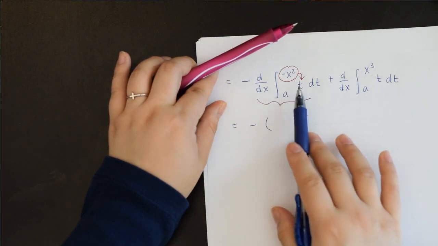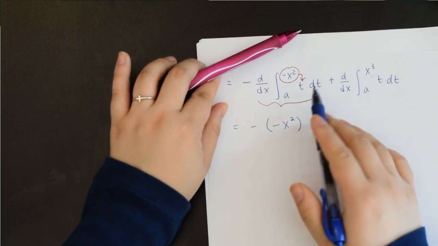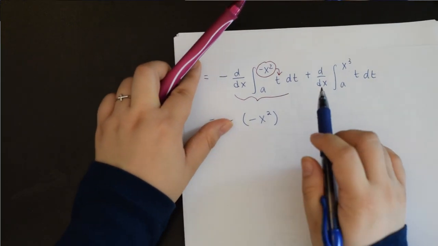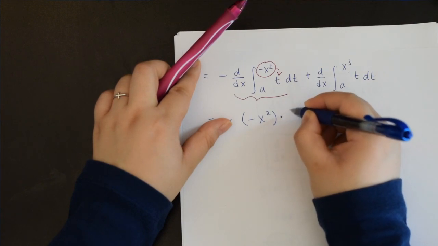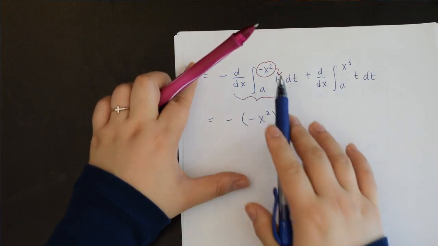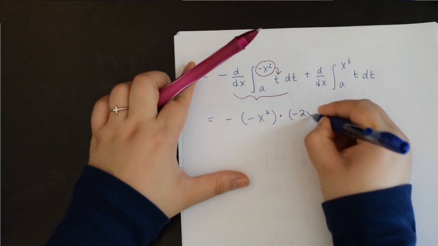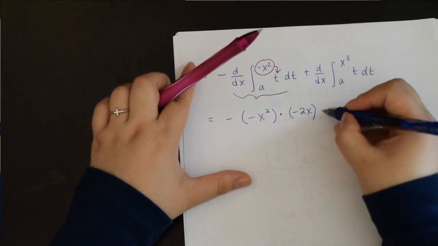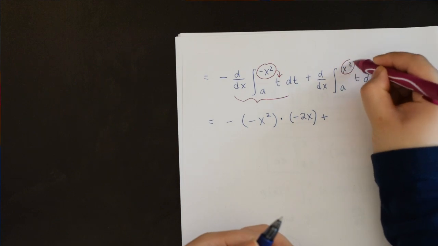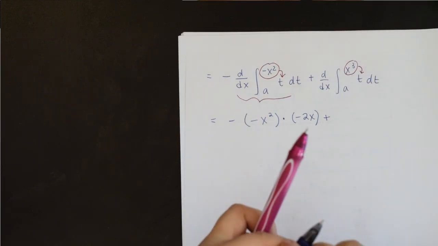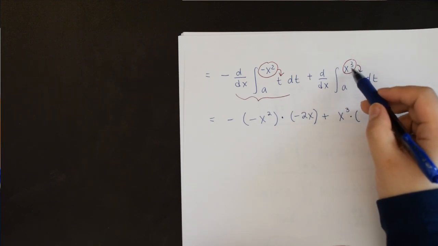So we have negative of negative x squared, because it's just t. We kept our function simpler, just t. But then we have to multiply by, it's the chain rule, so the derivative of this, which would be negative 2x, and then plus, and then again we can just plug this in to the t, so just x cubed, but then multiplied by the derivative of that.